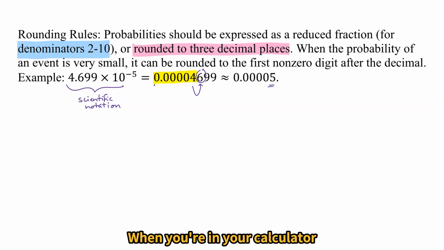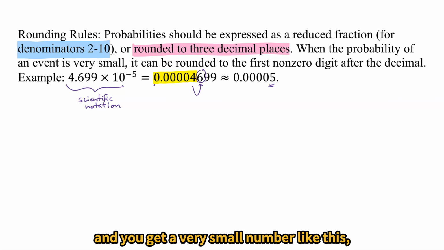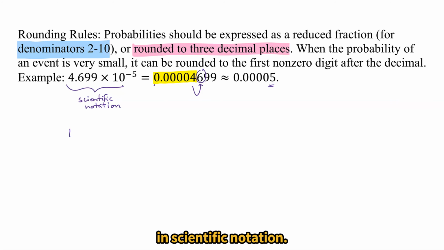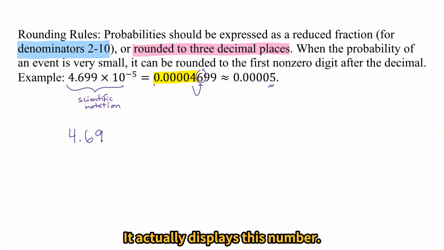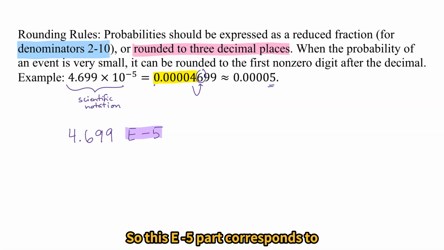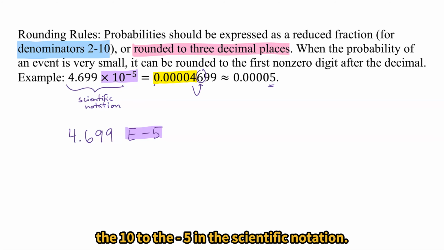When you're in your calculator working with these numbers and you get a very small number like this, your calculator does not display it in scientific notation. It actually displays this number like this, 4.699 e negative 5. So this e minus 5 part corresponds to the 10 to the negative 5 in the scientific notation.